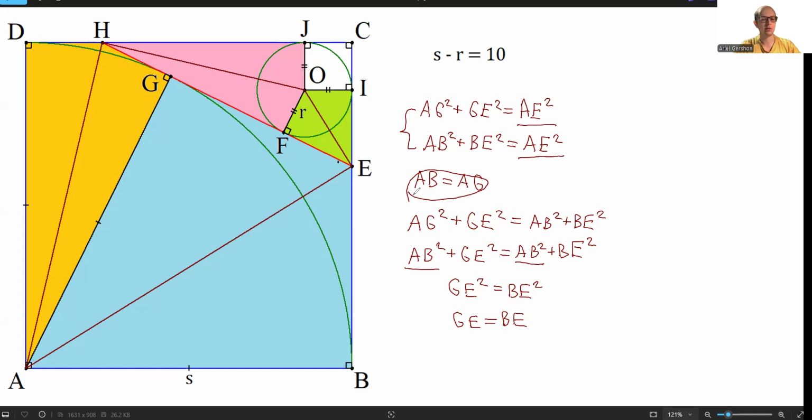And now we have what's called side-side-side congruence between the two triangles ABE and triangle AGE. So they have the side AE in common, and they have AB equal to AG. And now we see that they also have a third pair of equal sides, BE is equal to GE. So that means that those two triangles are congruent.